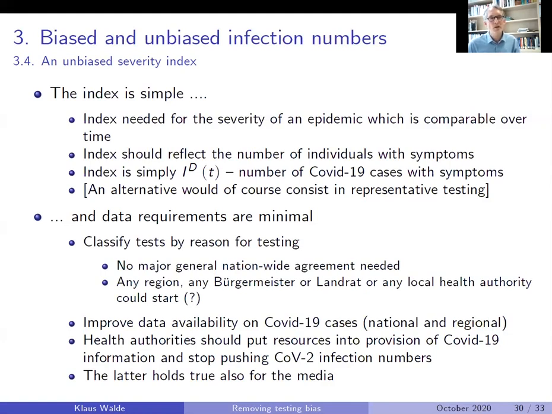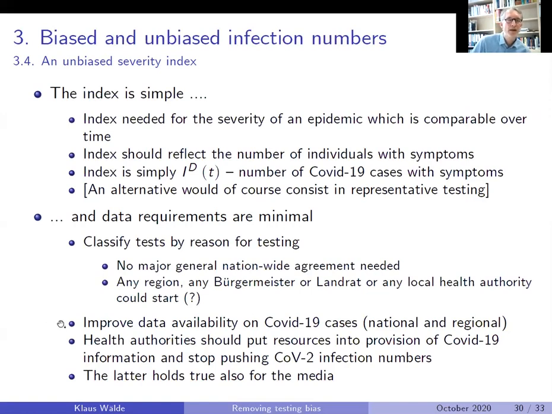What we do know, at least for Germany, is where it comes from. Does it come from the doctor? Does it come from the hospital? Or are there other reasons? But we don't have more information. At least the public doesn't have more information. So we would need the reason why the test was undertaken. And we don't need a general nationwide agreement to do this. Any region, any Bürgermeister or Landrat, no German language, sorry for this, or any local health authority could do it.